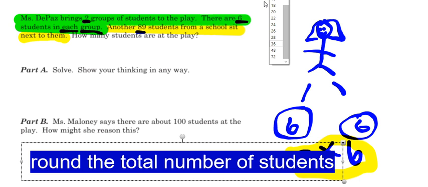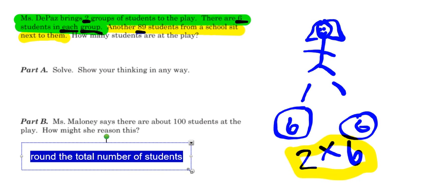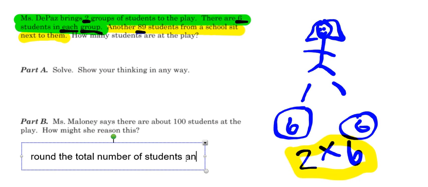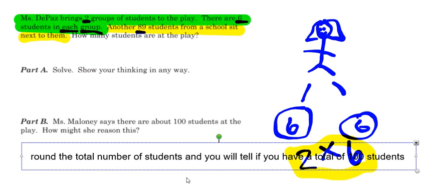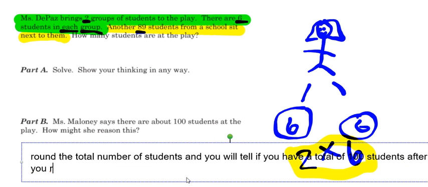And you are going to tell if you have a total of 100 students after you round.